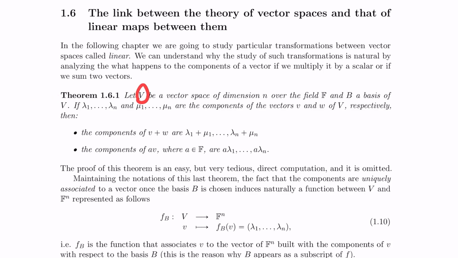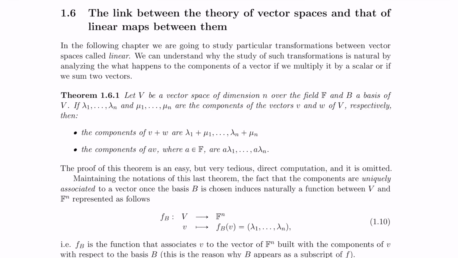Let's consider a vector space V of dimension n over the field F, a basis B of V, and two vectors v and w, whose components with respect to the basis B are given by the scalars lambda1, ..., lambda n, and mu1, ..., mu n, respectively.